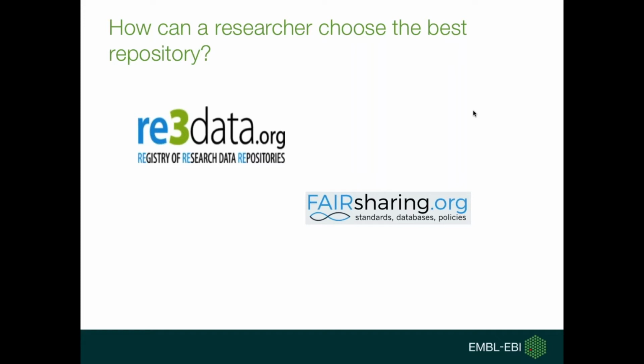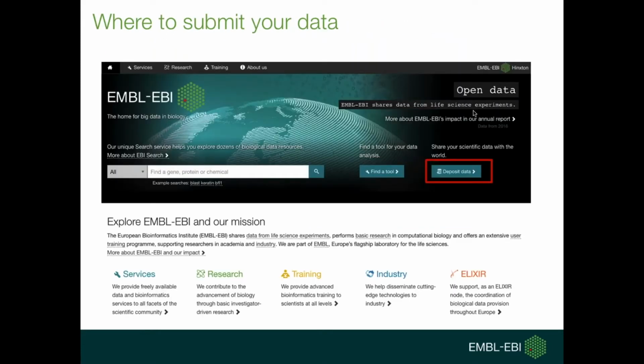Now, if you want to submit your data to the EBI and you're not sure which EBI database to use, we have a tool that can help you figure that out. If you go to our homepage, at www.ebi.ac.uk, you'll find this deposit data button.